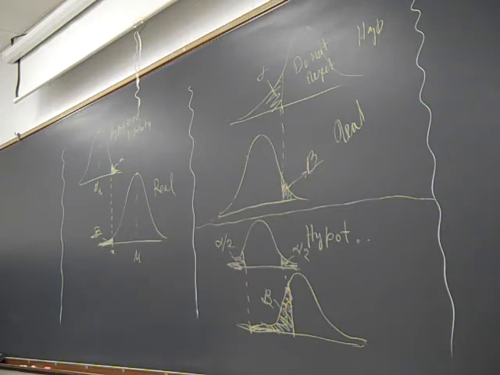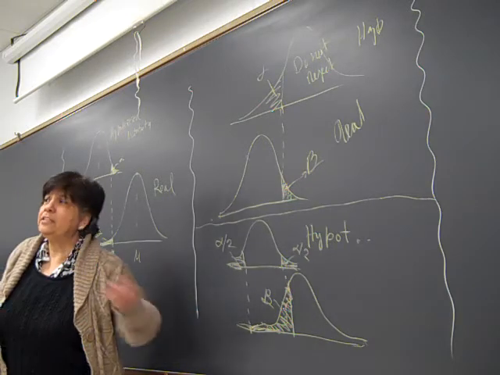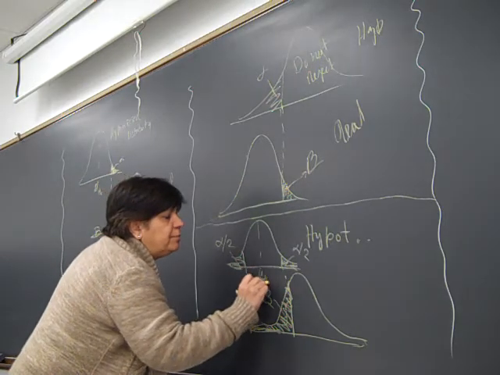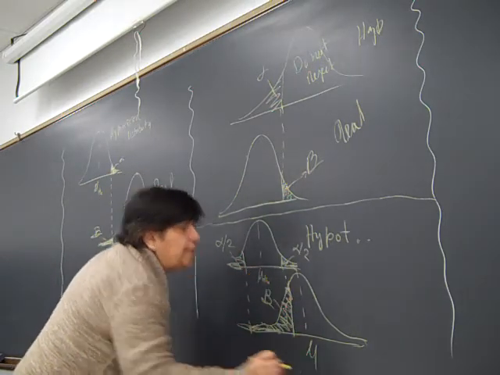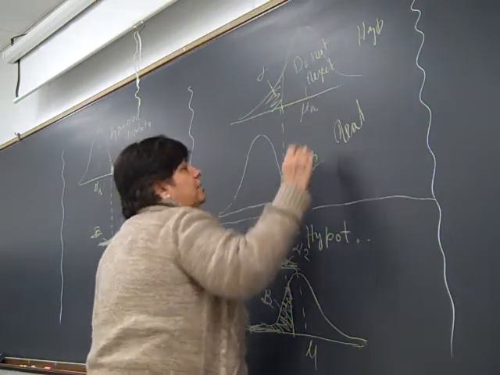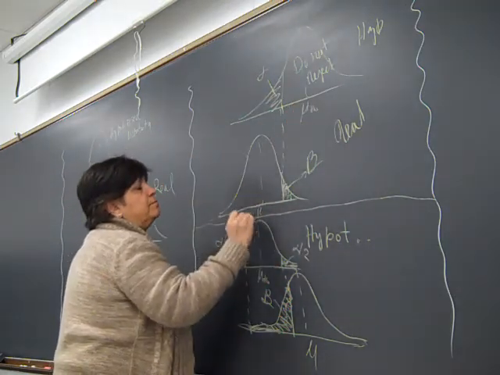So, in order to find out what beta is you really need to know, again, this is the hypothesized from the null hypothesis, and this is the real one.